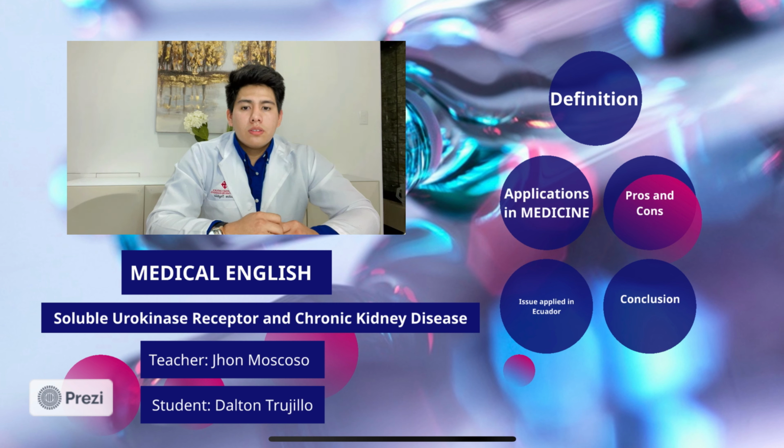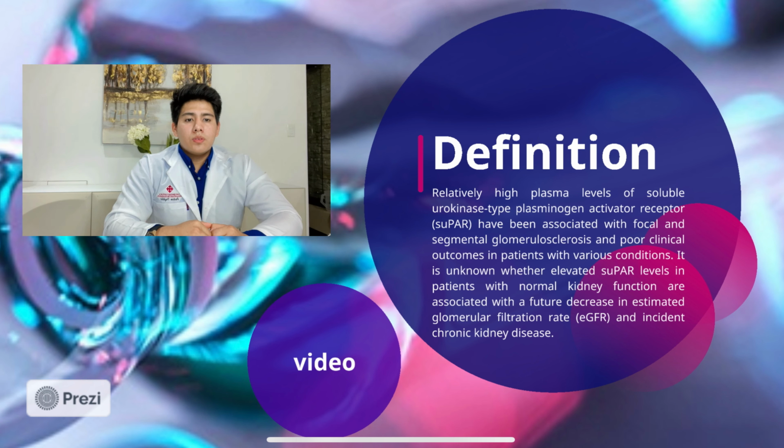My topic is soluble urokinase receptor and chronic kidney disease. Definitions: relatively high plasma levels of soluble urokinase-type plasminogen activator receptor (suPAR) have been associated with focal segmental glomerulosclerosis and poor clinical outcomes in patients with various conditions.